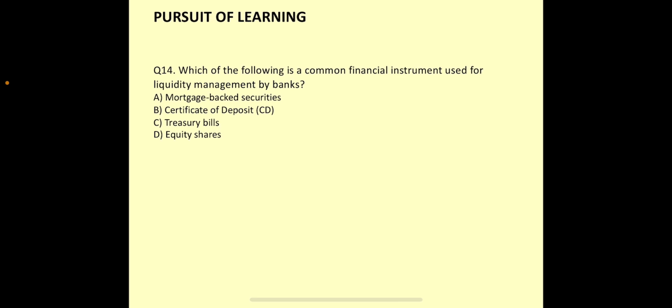The correct answer is treasury bills, because these are released by the government and linked directly to the market, and these are the least volatile instruments which can be used to manage liquidity by banks.